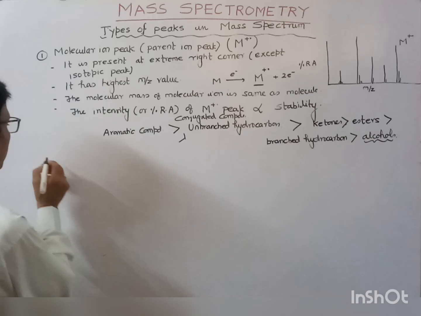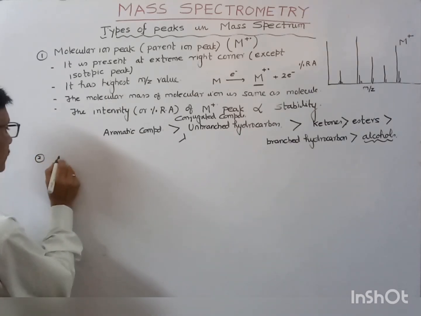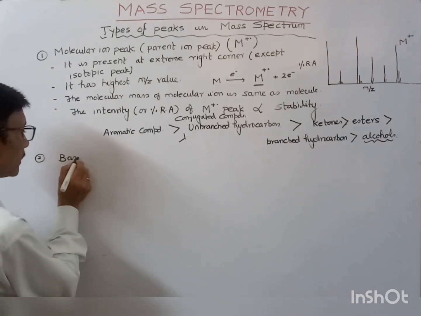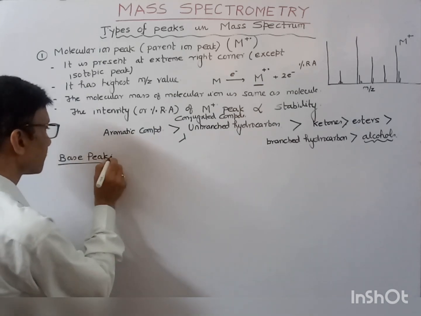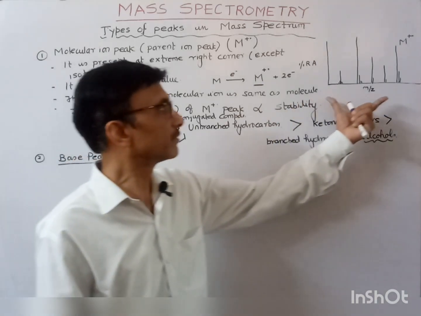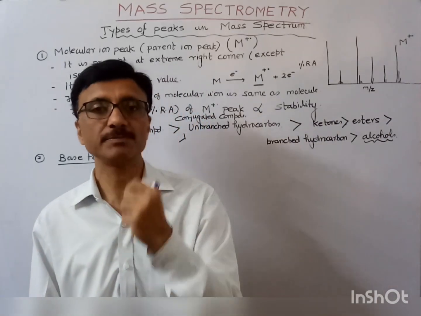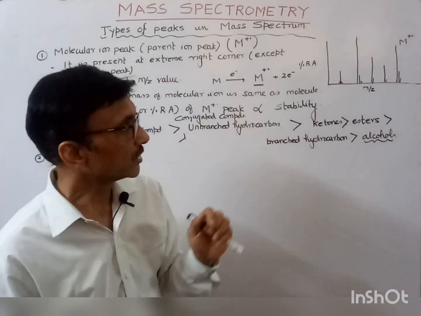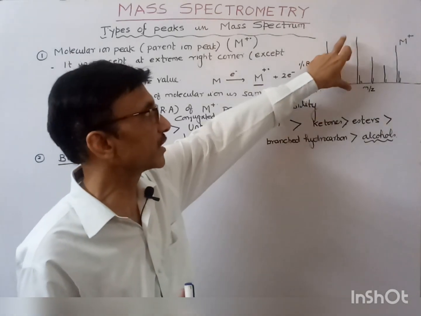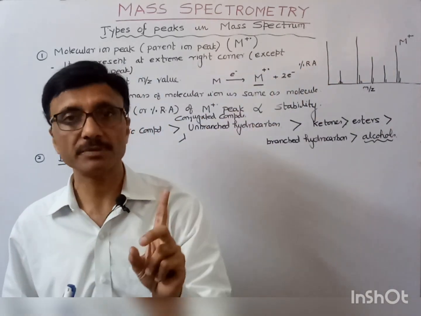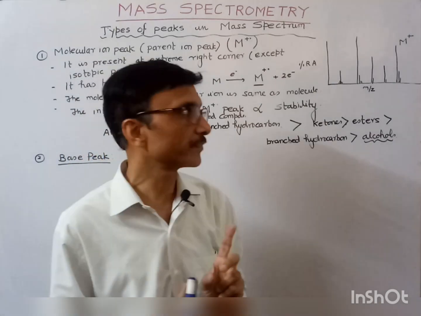The next type of peak that we may see in a mass spectrum is the base peak. Now in this mass spectrum, which is the base peak? The peak which has the highest intensity, the highest relative abundance, is the base peak in any mass spectrum.